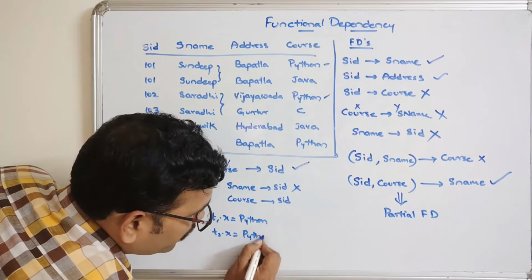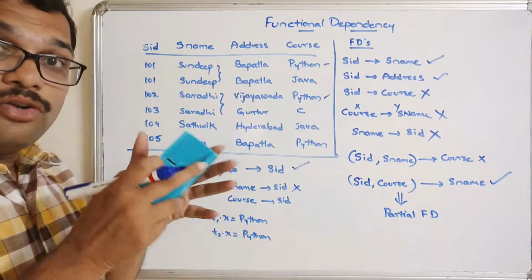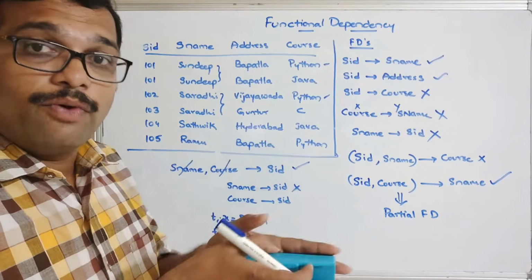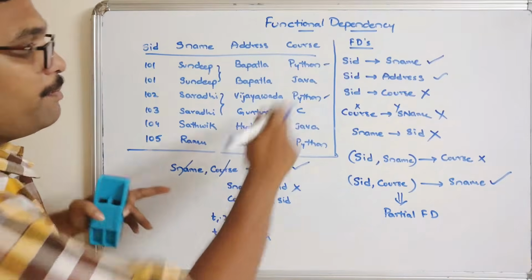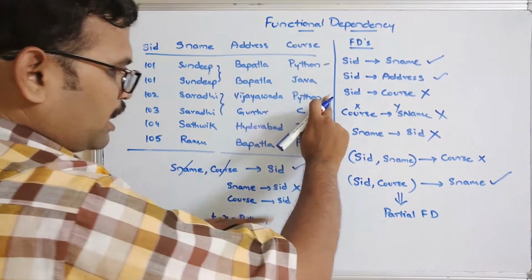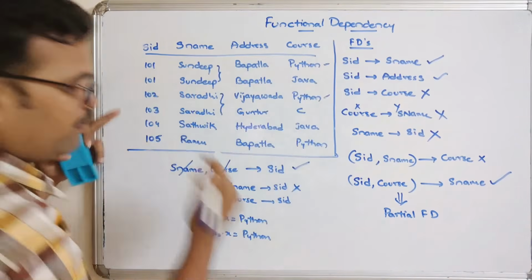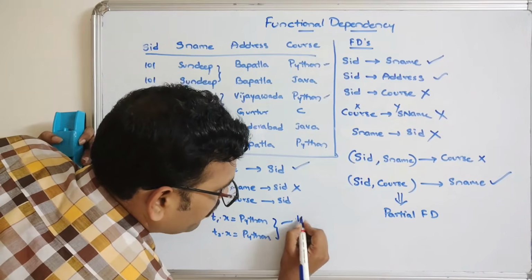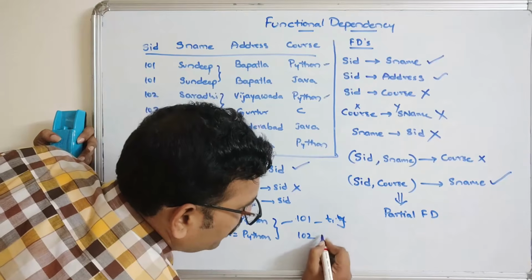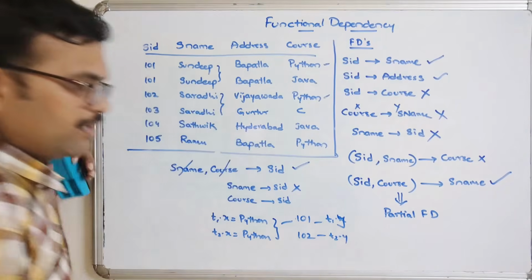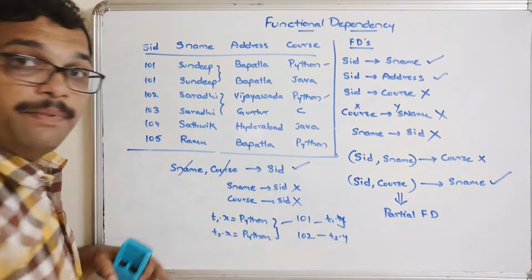We have to consider only these. If the x values of two tuples are equal, then only the corresponding y values should be equal. Here I am taking Python, the corresponding SIDs are 101 and 102. So it may get 101 or 102, which is T1.y and T2.y. So again, it is not functionally dependent.